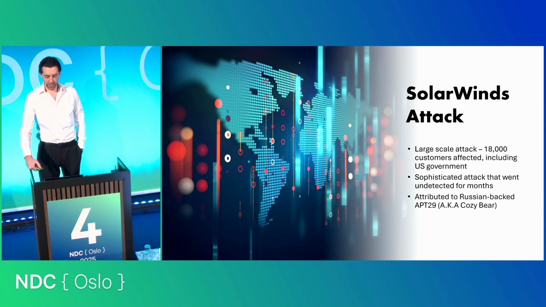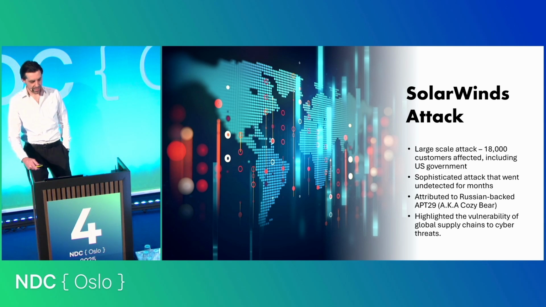It was attributed to a group called APT29, Advanced Persistent Threat, just a code name that various groups give them, also known as Cozy Bear because we think they're Russian. And it was really one of the first attacks to highlight just how severe this was in terms of the global supply chain of software and how many different entities use some of these packages.